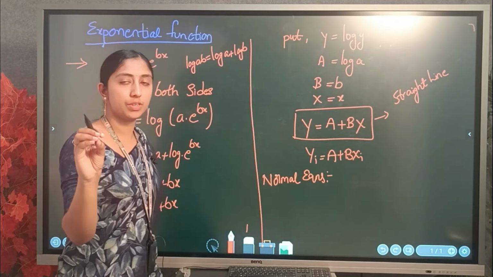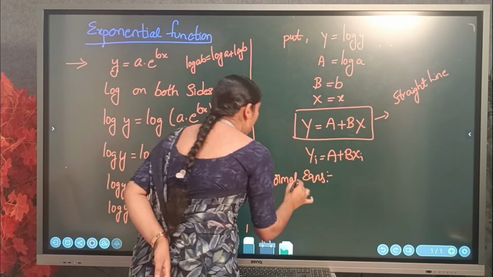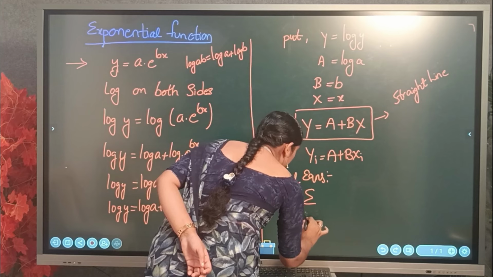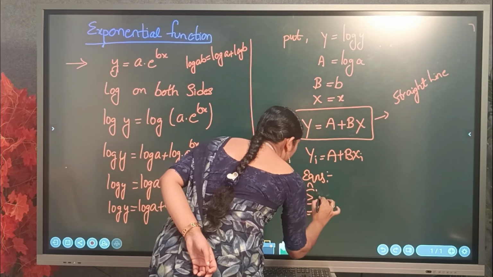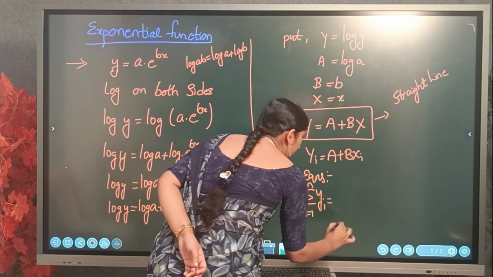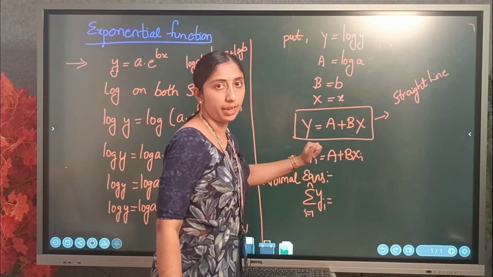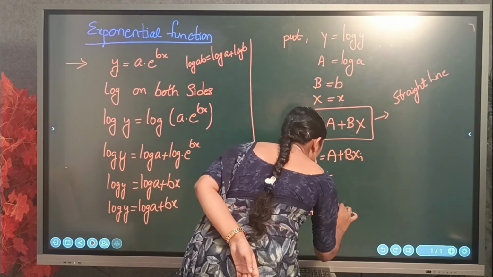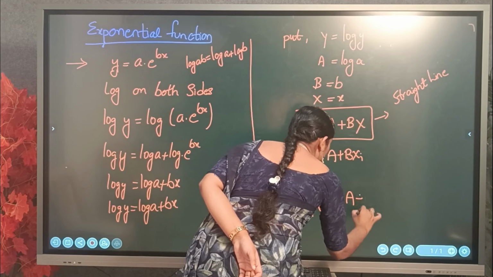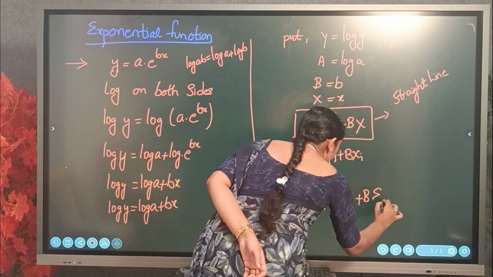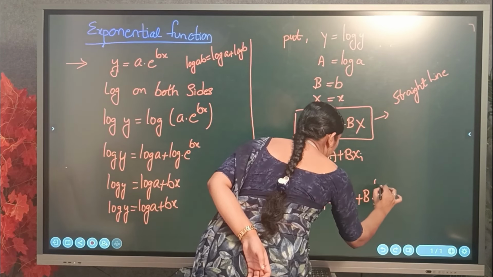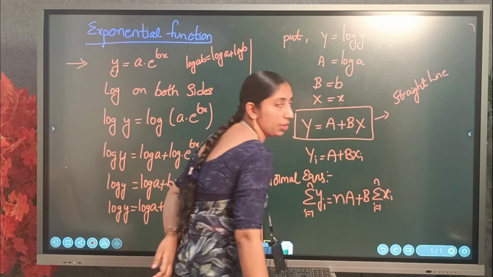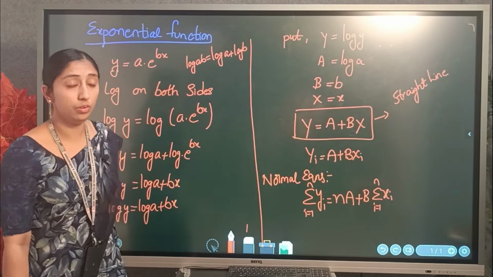For any normal equation you have to apply summation on both sides. Summation i is equal to 1 to n yi is equal to, a is a constant, that means a into 1, so we get n a plus b, a constant, summation i is equal to 1 to n xi. This is one of the normal equations we get with respect to a.